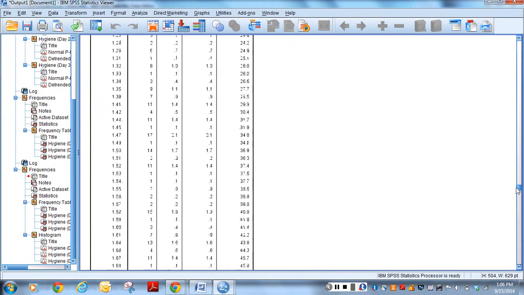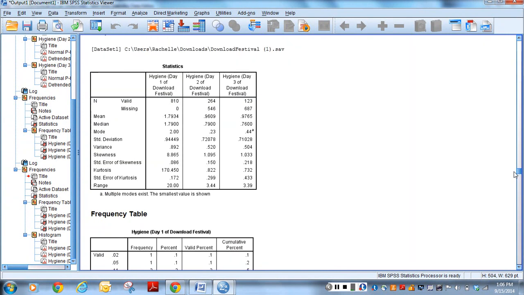Let's go up and look for, here we go. This is what I'm looking for. Here is what you would look for if you're looking for descriptive statistics. If you had to interpret what your descriptive statistics would be, for instance, if I'm looking at hygiene of day 1, I would say we have a sample size of 810, which, as you can see, goes down as each day of the festival continues.